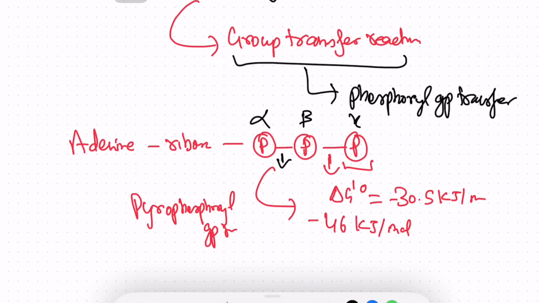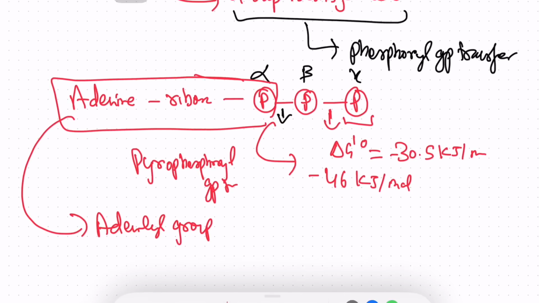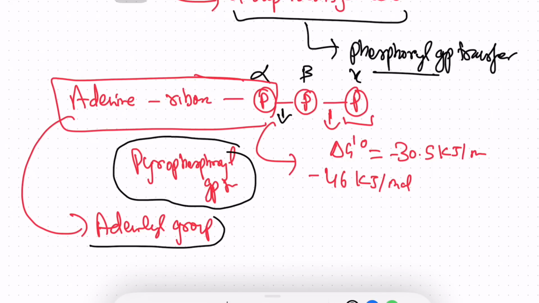Now this one is the adenylyl group. Keep in mind, from ATP you can have phosphoryl group transfer, pyrophosphoryl group transfer, and adenylyl group transfer.